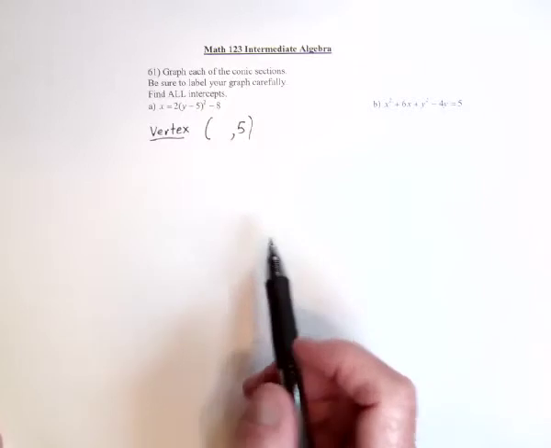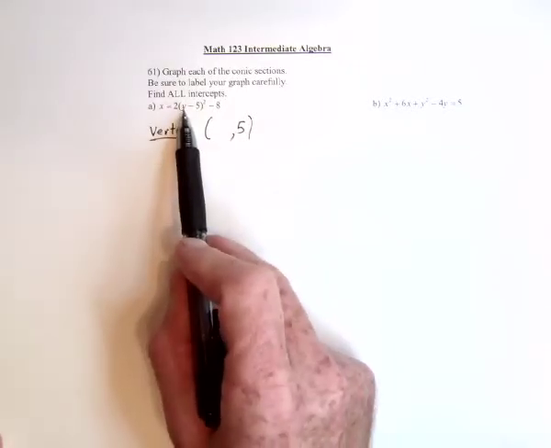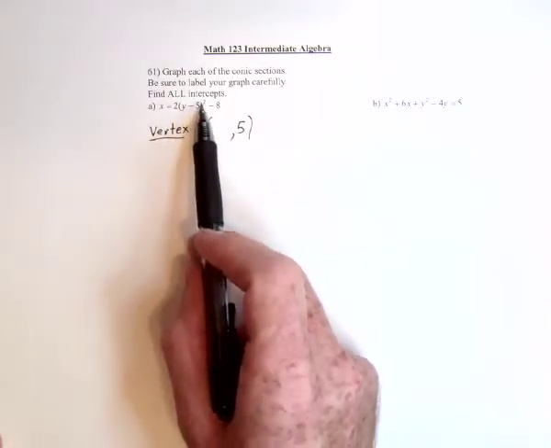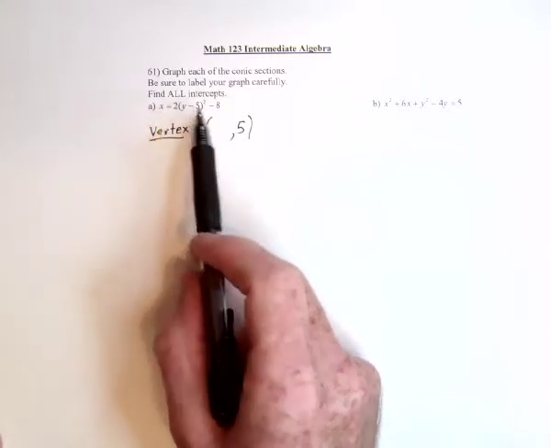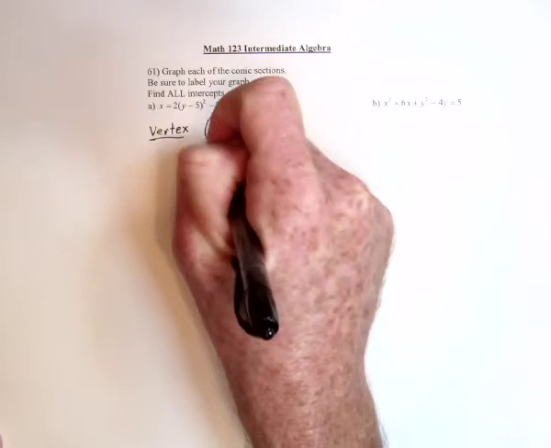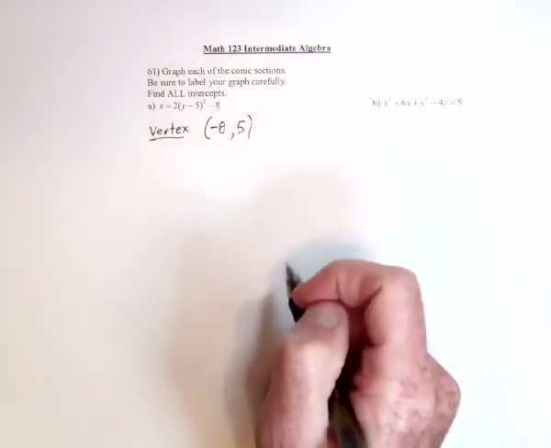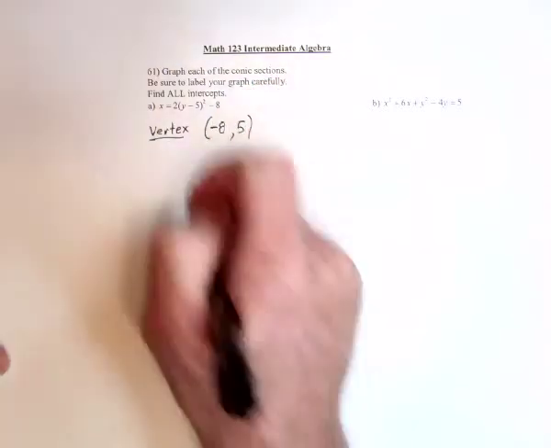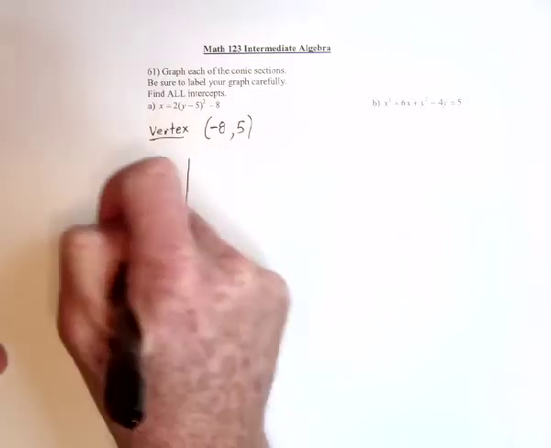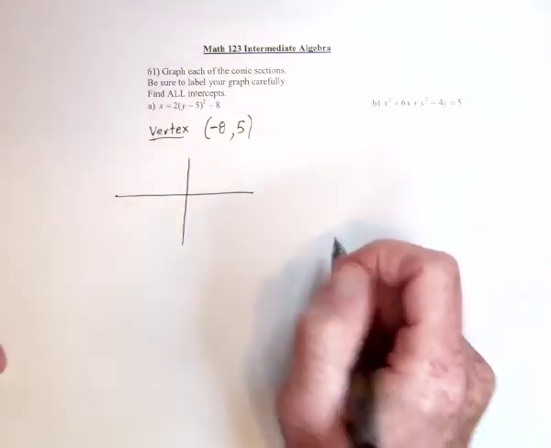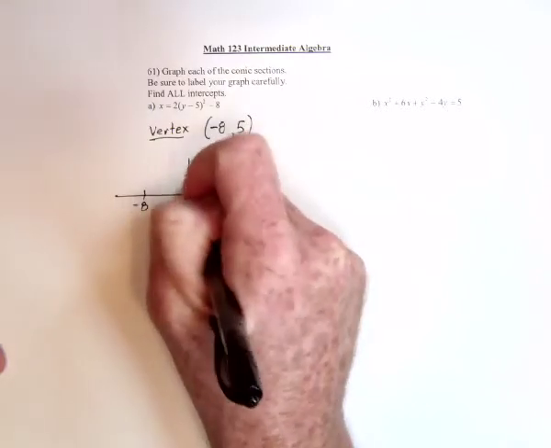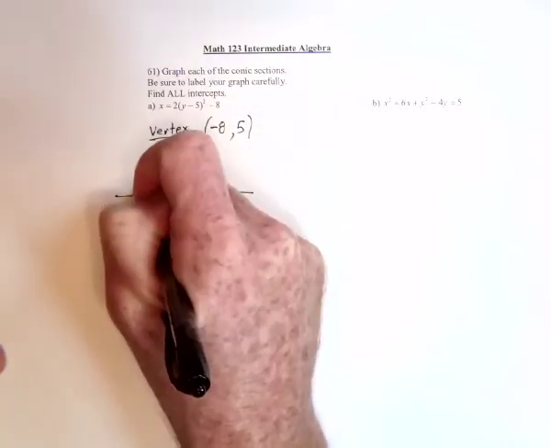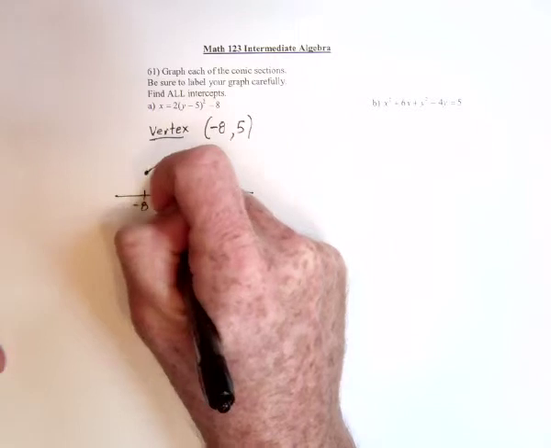And then if you substituted that y was equal to a 5, this would become a 0, so it would cancel out this, including the 2, and it would say x equals a negative 8. So that's going to be the vertex. So x is negative 8, y is 5, and it's going to the right.